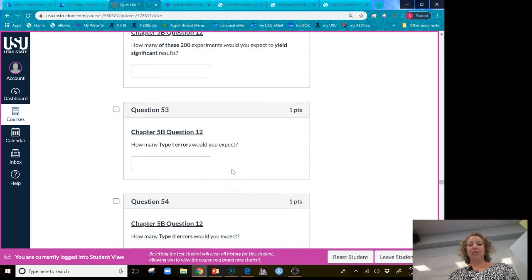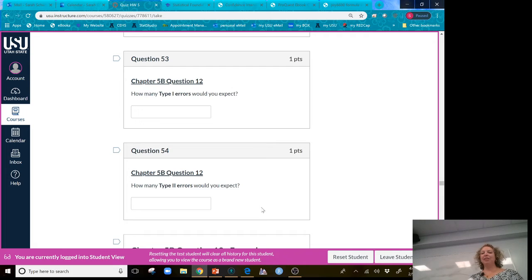Now here comes another tricky one. How many type 2 errors would you expect? What's a type 2? It's a false negative, where you would say nothing's going on, but it really is. How many of those drugs really work? None of them. So can you make a false negative? No. So 0.